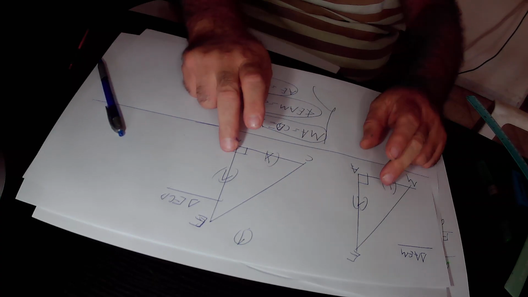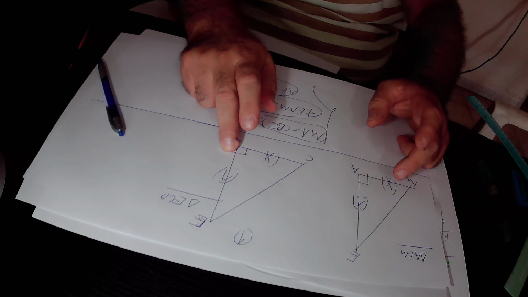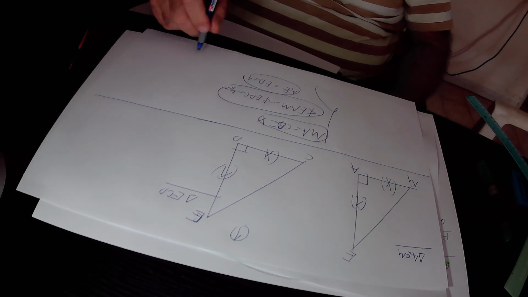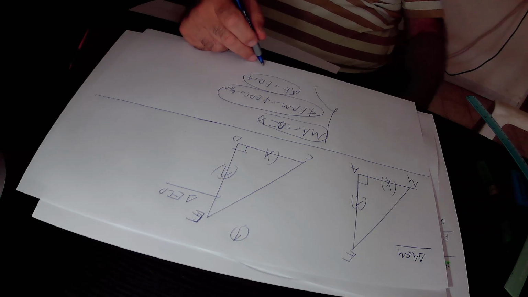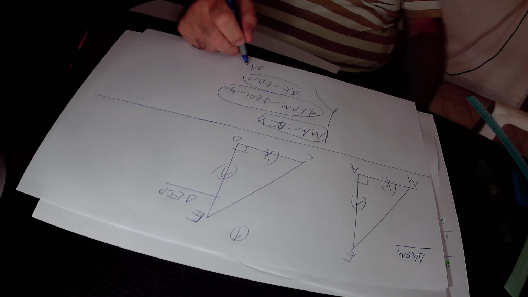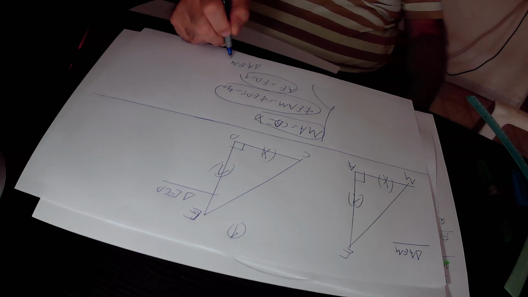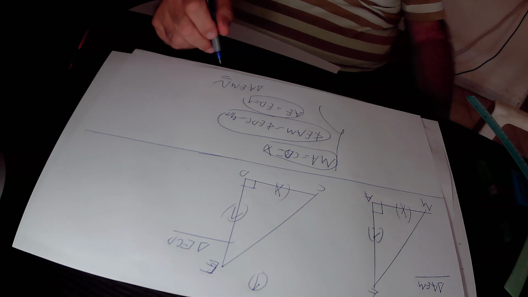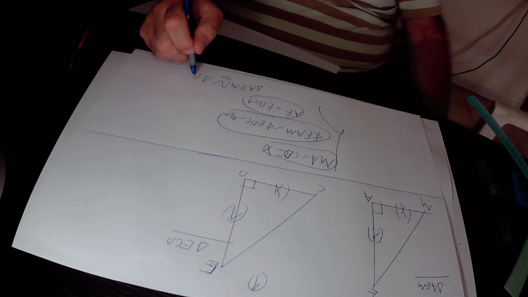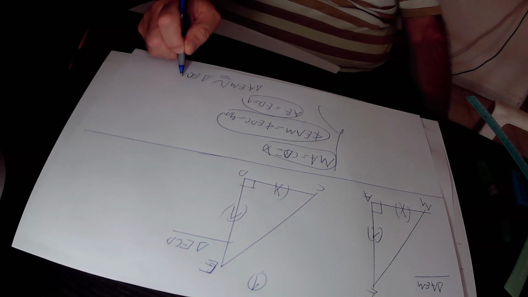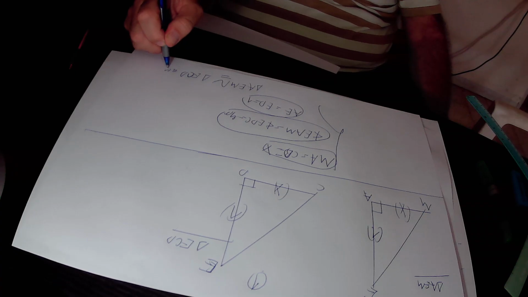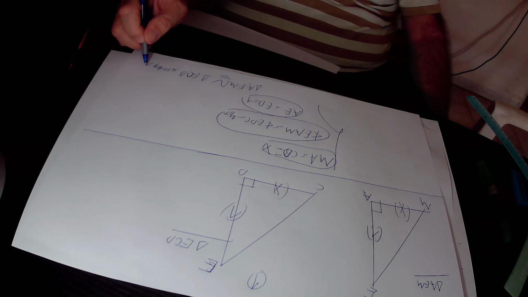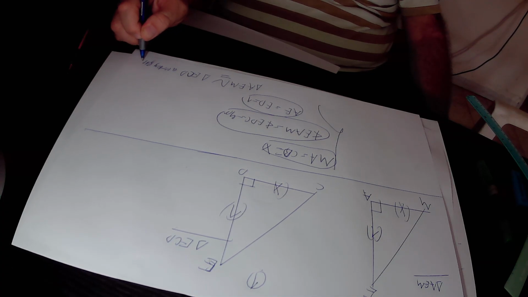And therefore those two right triangles are congruent according to the side-angle-side rule. So the right triangle AEM is congruent to the right triangle ECD according to the side-angle-side rule.